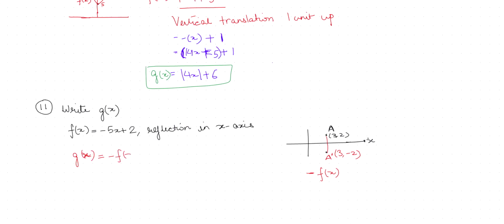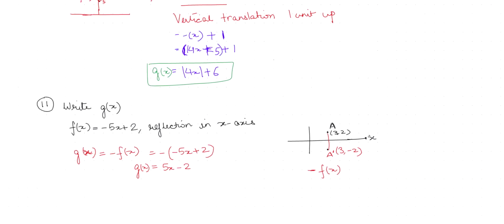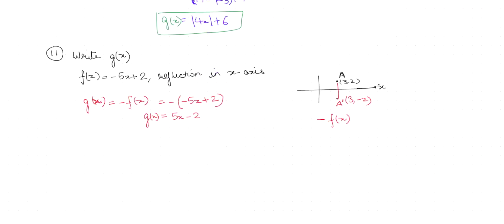So it will be minus the absolute value of 5x plus 2. This is g(x). Reflection in the x-axis means you multiply f(x) by minus. And our function is reflected in the x-axis. So let's do another problem.